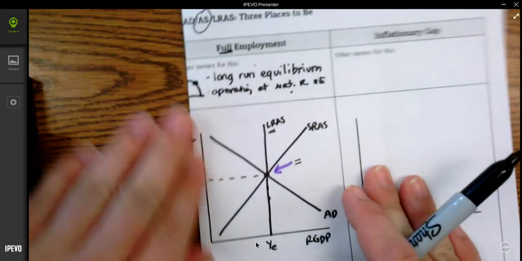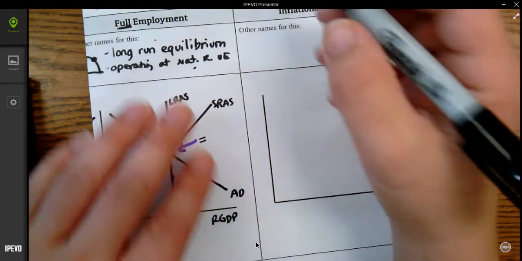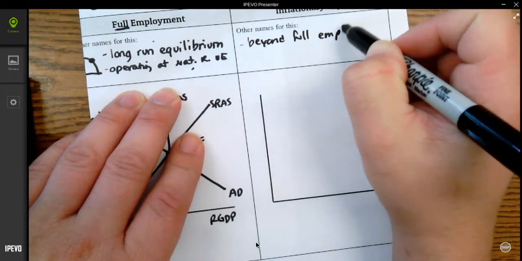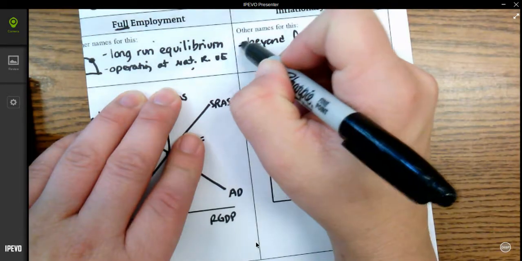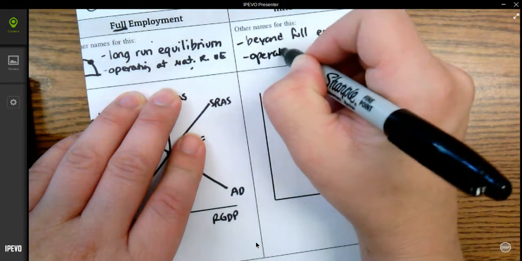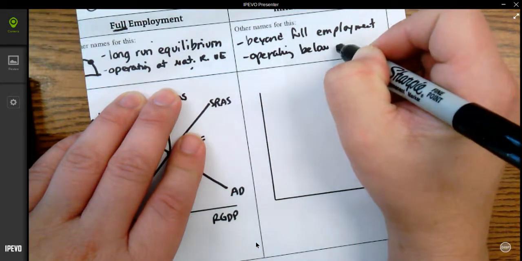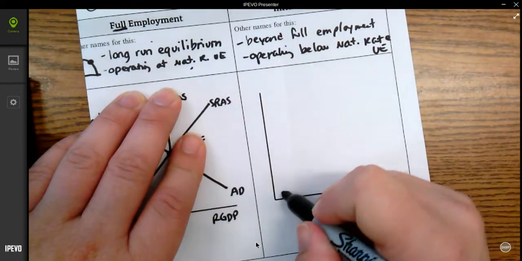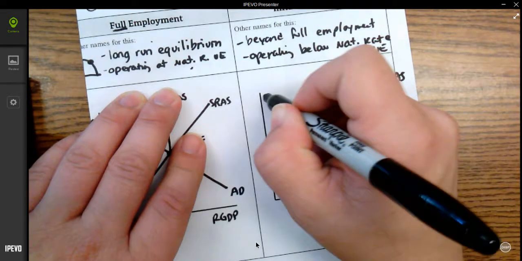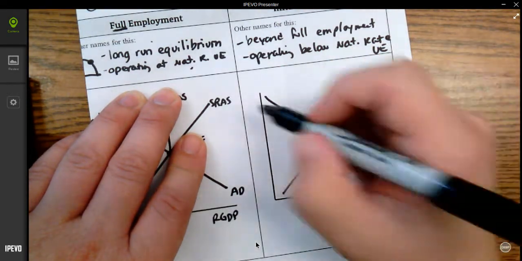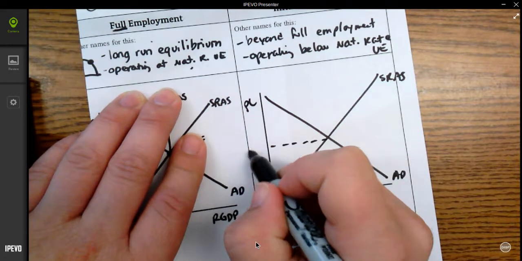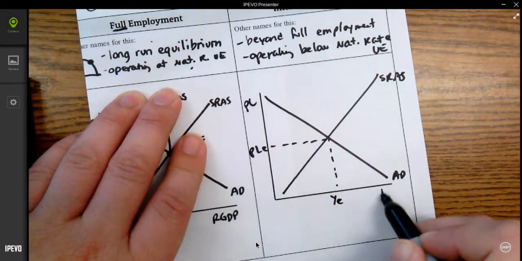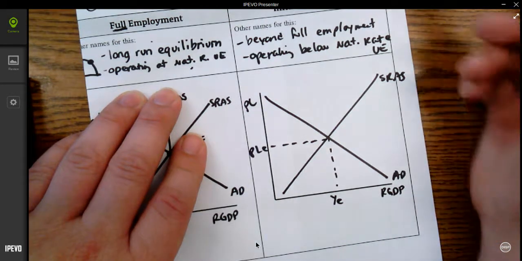So an inflationary gap is when we have gone beyond full employment, and perhaps we are operating below the natural rate of unemployment. Okay, so again, I'm just going to put the short run aggregate supply, the aggregate demand, price level, throw in my equilibriums here, and real GDP on this axis.